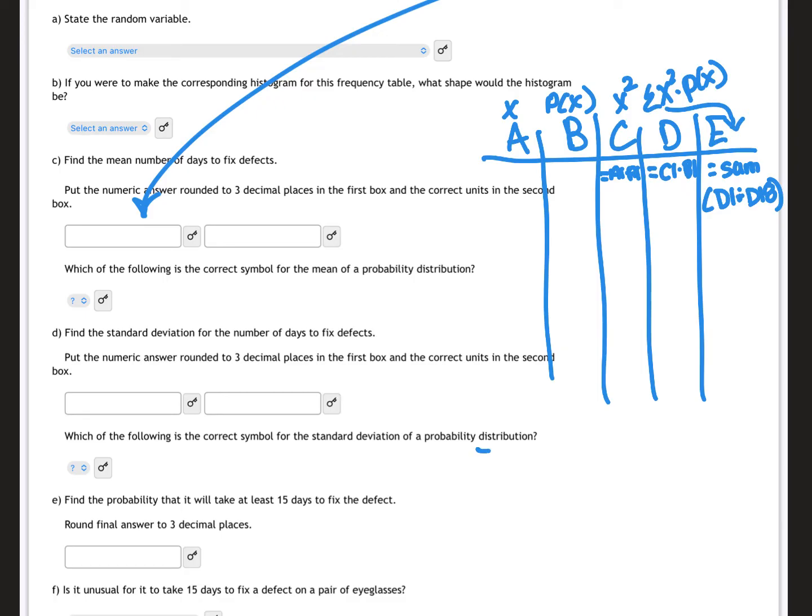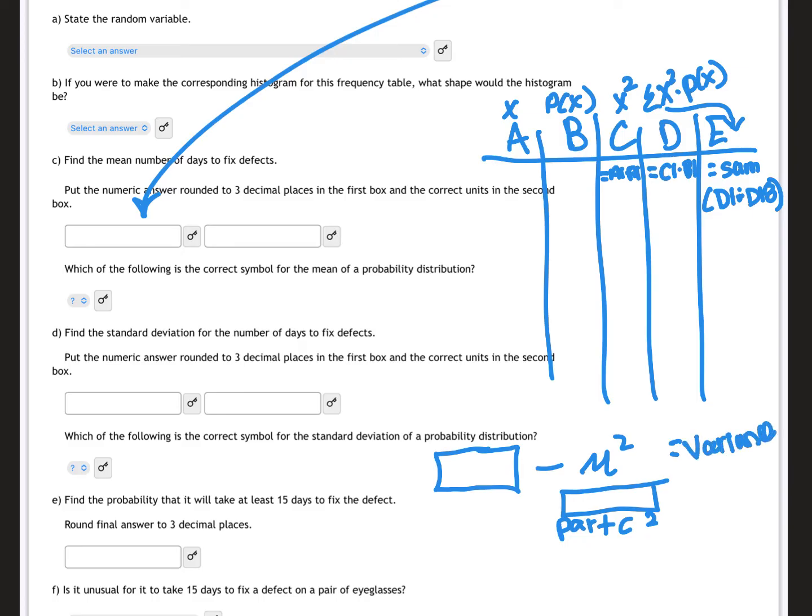Whatever number you get in D, you're going to subtract the mean squared. So take whatever number you got in part C, square it, and subtract. That is your variance. But we're looking for the standard deviation, so now take the square root of your variance.